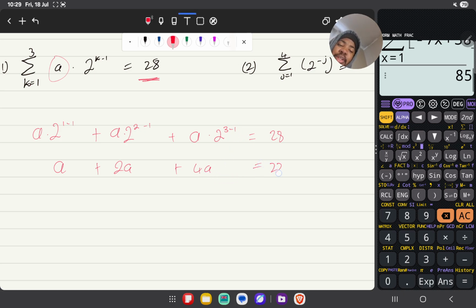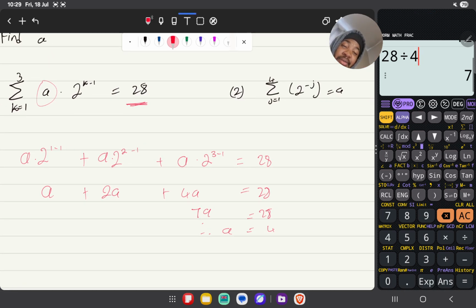So you still have your 28. Then we add these values: you have 1, 2, 4, so you have 7a equals 28. Therefore a equals 28 divided by 7, which is 4. So a is 4.